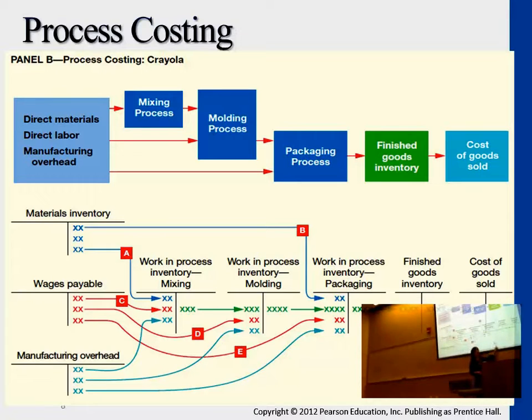And we need to package it in a box in order for customers to purchase it. Then finally it becomes finished goods. When we sell it, it turns into cost of goods sold. And the point here is that we are separating the costs, assigning the costs based on different process, different activities, instead of using an order as a unit. Okay, so we'll be covering this next week. Just want to let you know the differences between job order and process costing first.